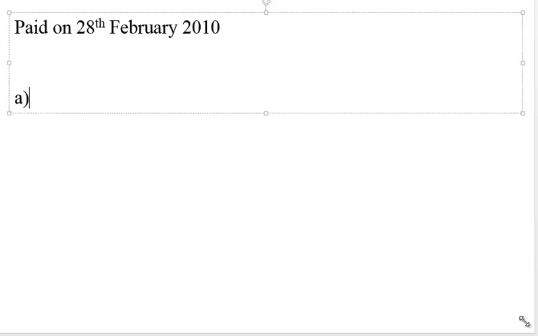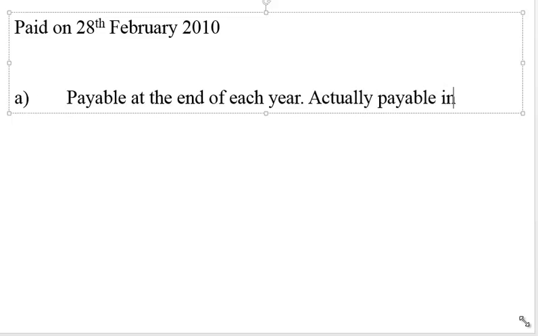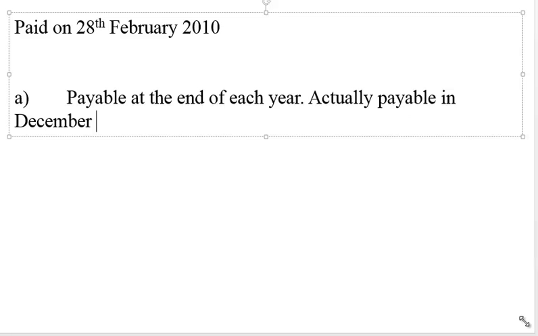And the first part is it is payable at the end of each year. Although it is paid in Feb, it was payable in December 2009. So it will be taxed in year of assessment 2010.